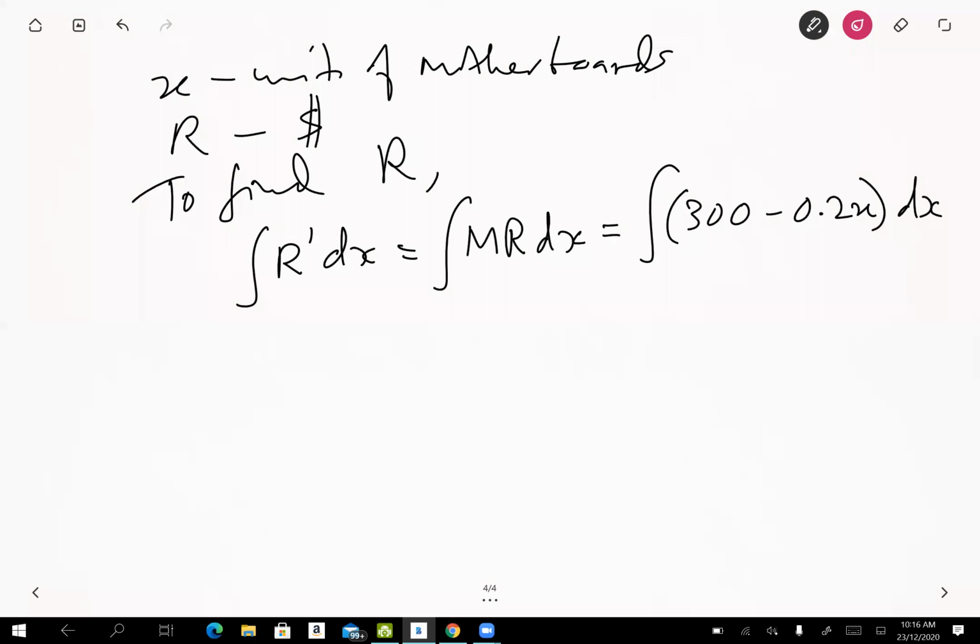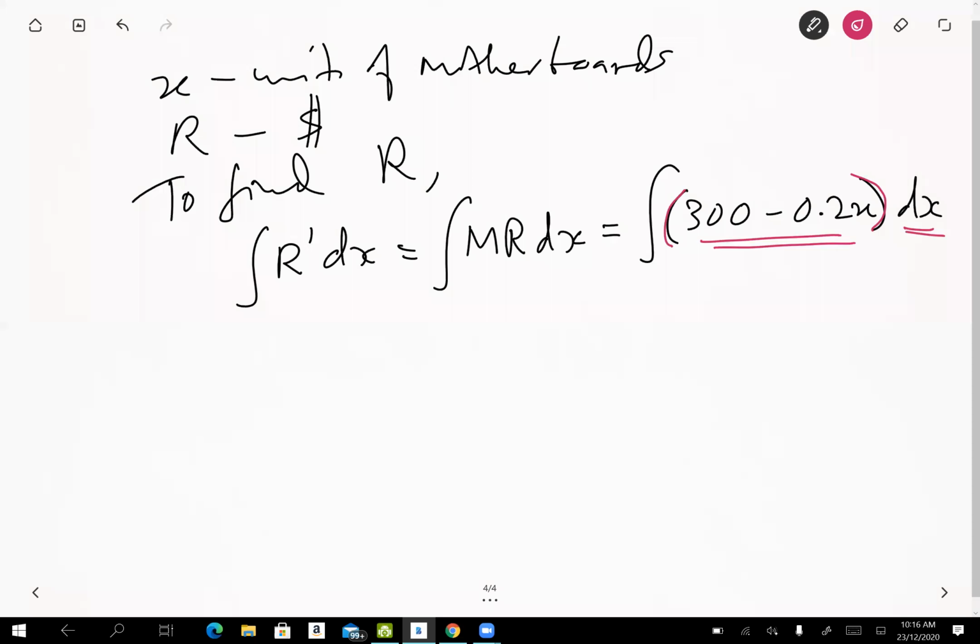When you are given a function, 300 minus 0.2x, this is the function that you want to integrate. So you have to put a bracket around the whole function to indicate that we are integrating the function as given in the question, and then you put the dx.